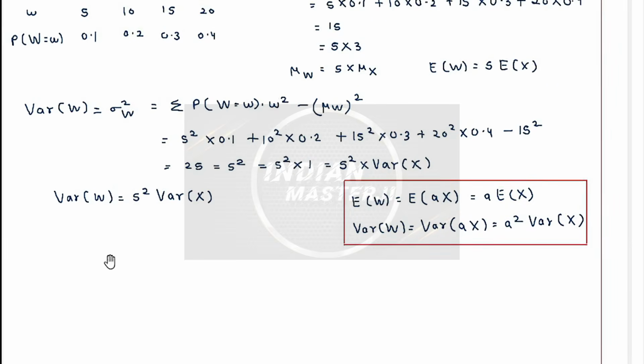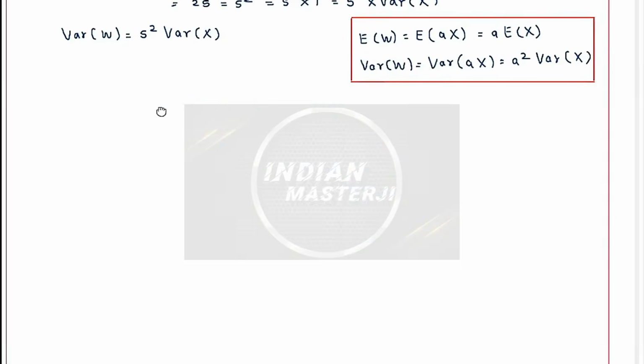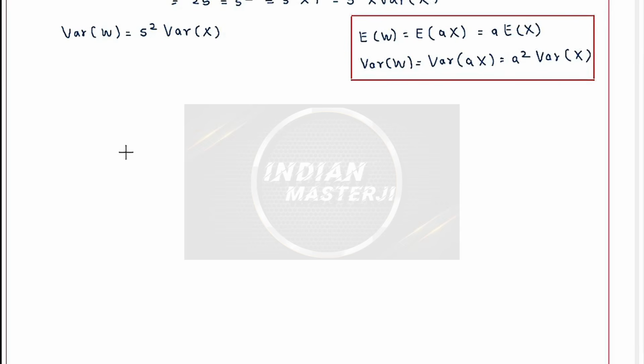Now can we combine the two concepts? Suppose we have a linear function which is a multiple of the random variable plus some constant, like y is equal to a times x plus b. Correct? In that case, the expectance of y will be equal to what?